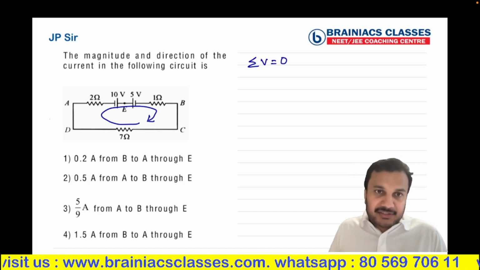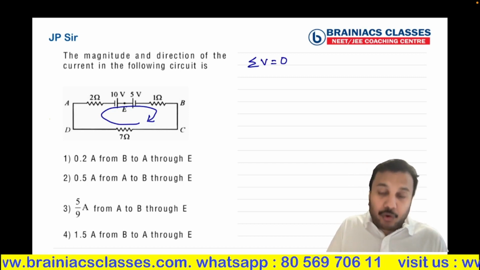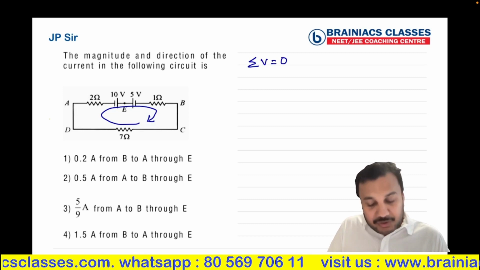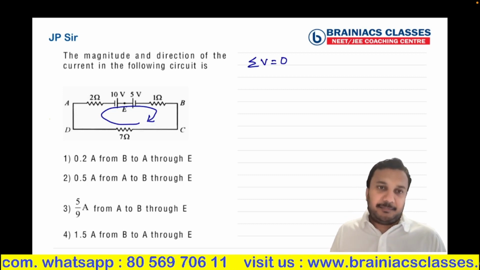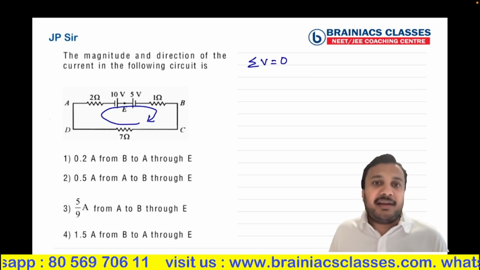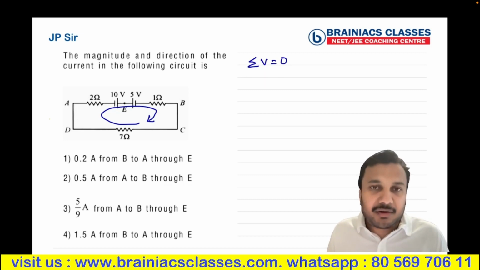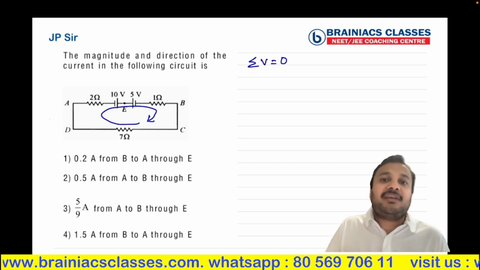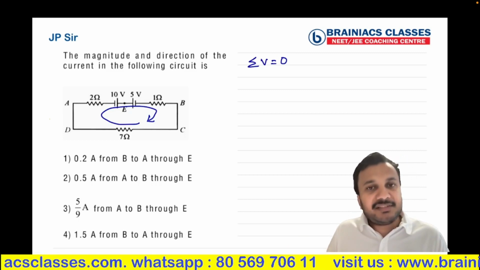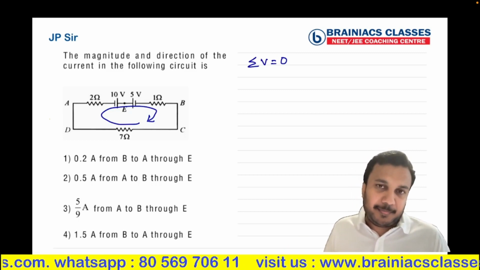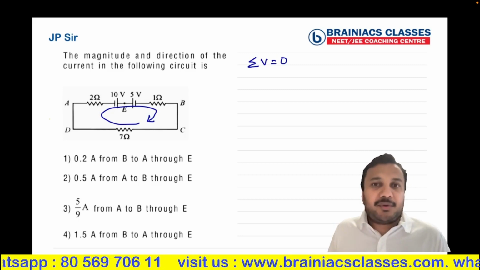You can assume I am going in the clockwise direction, traveling through the circuit diagram. This is the blue line on the screen, where I am the guy and my name is current, and I am moving in this direction.